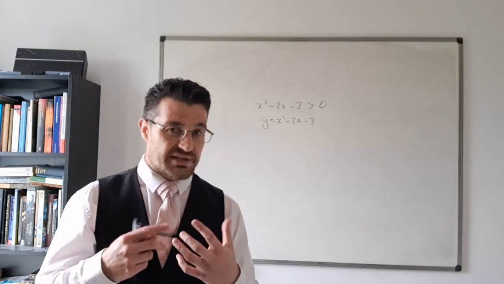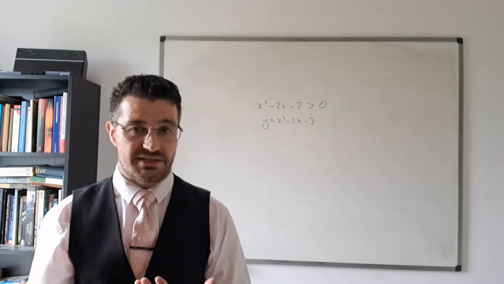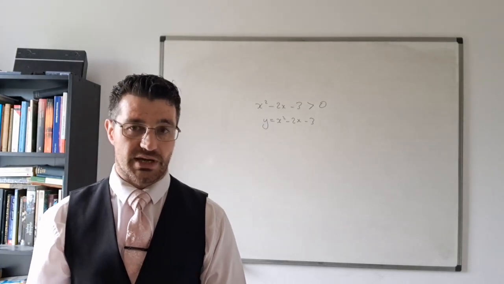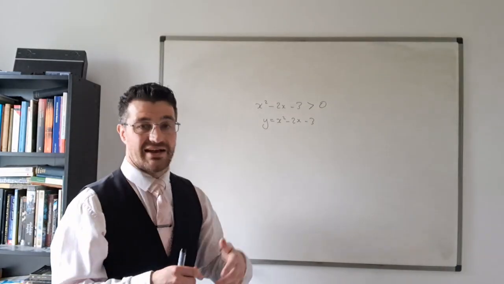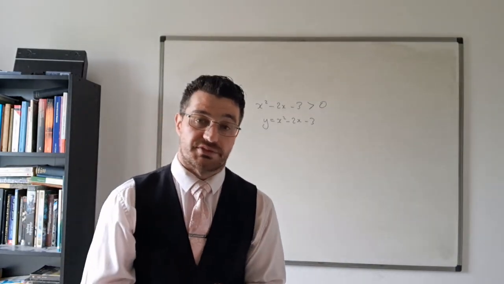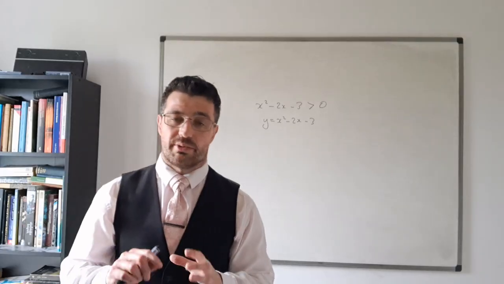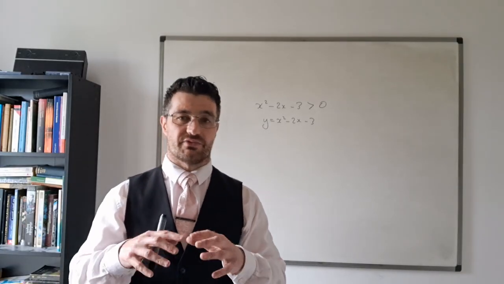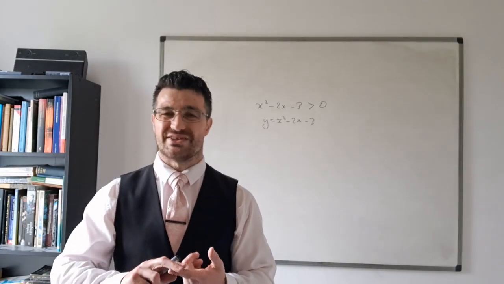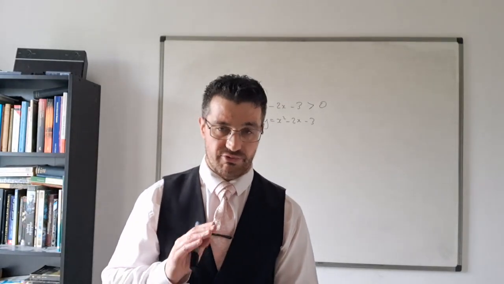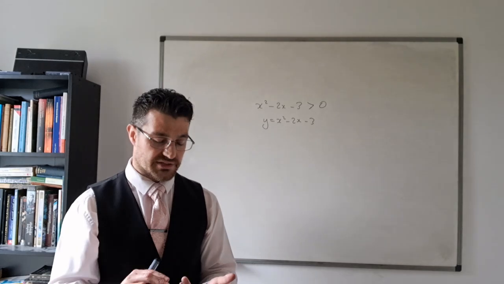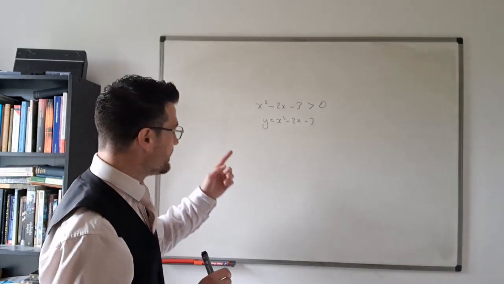So, I mean, there are different sets of circumstances that you might find yourself in. Some quadratic functions have real roots, some don't, okay? We're interested in this video in the case where we've got real roots. We're not interested in complex roots and things like that. We're sticking with real numbers, not going into complex or imaginary numbers in this video.